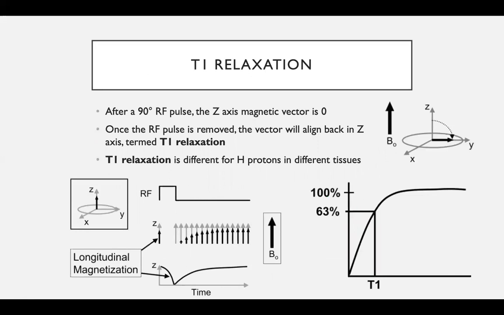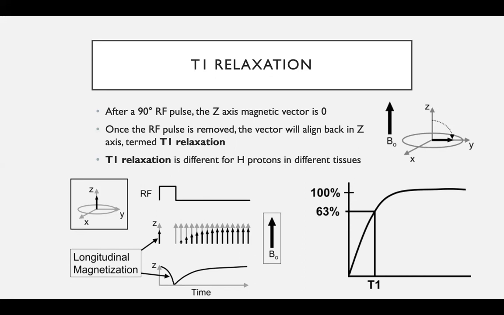So now we can start getting into some of the fun stuff. After a 90-degree RF pulse, the z-axis magnetic vector is 0, as shown here on the right. Once that RF pulse is removed, the vector will align back to the z-axis, because remember, the magnet is always on. The external magnet is so much stronger than the magnetic force of our individual hydrogen protons, so they will want to go back to the relaxed resting state.